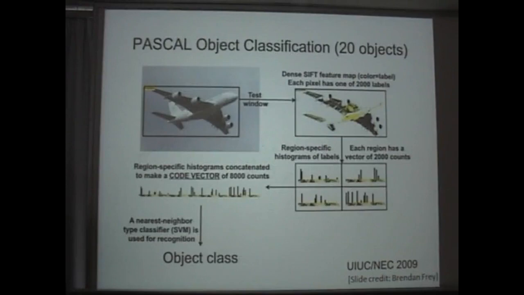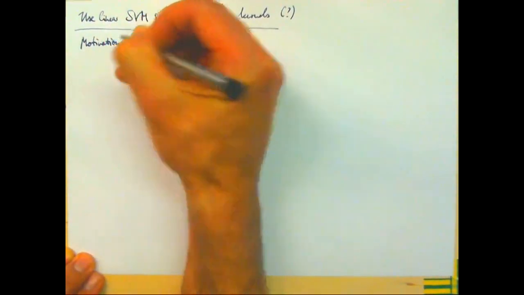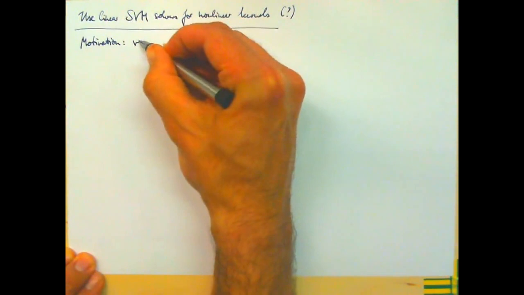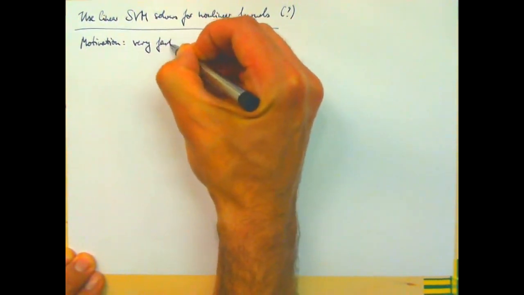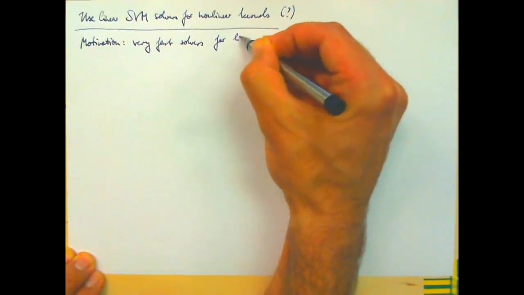So I think a motivation here is that we have very fast solvers for linear SVMs.